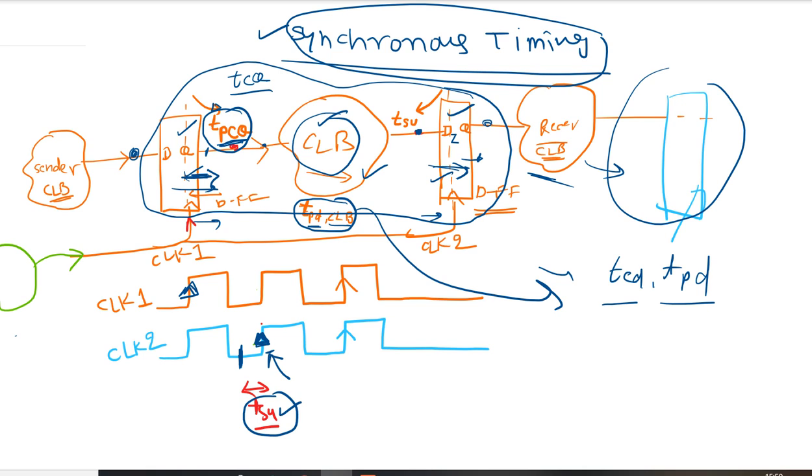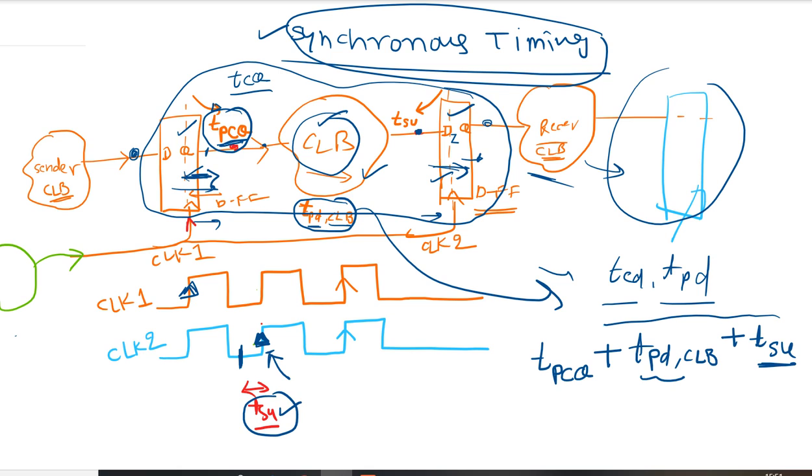We need at least TPCQ, the clock to Q propagation delay of the first D flip-flop. Then the data is processed by the CLB, taking TPD CLB, the maximum delay, and at least T setup time before the second rising edge. So this much margin we need.